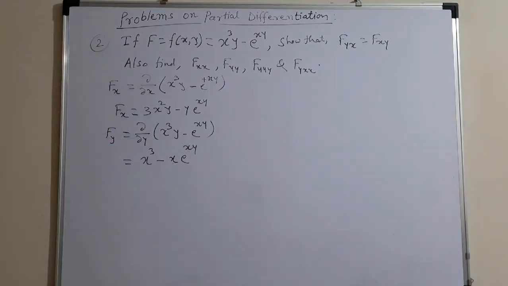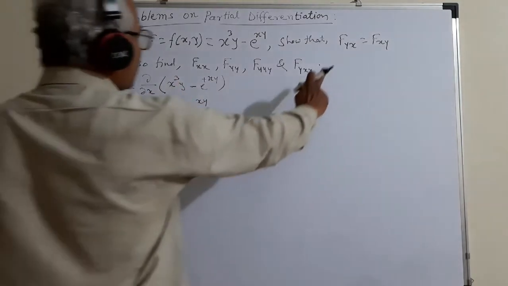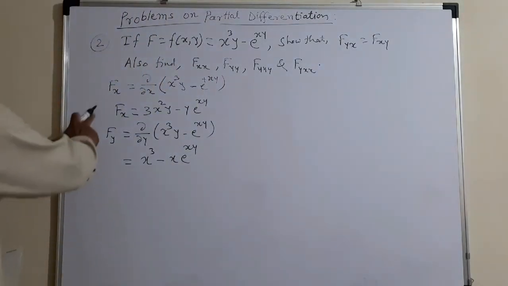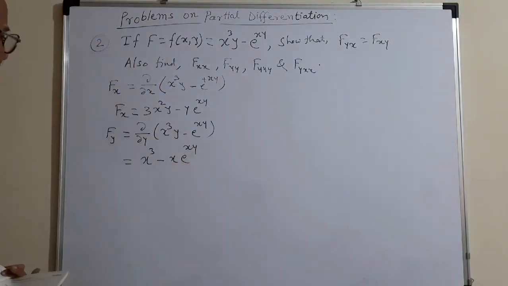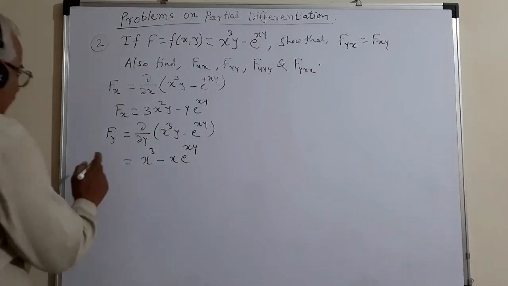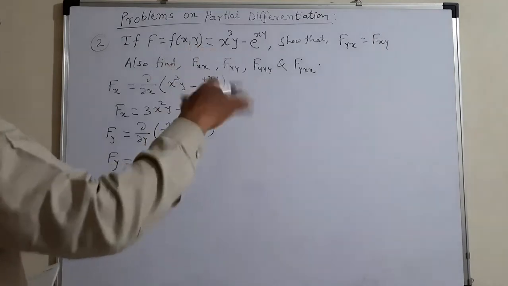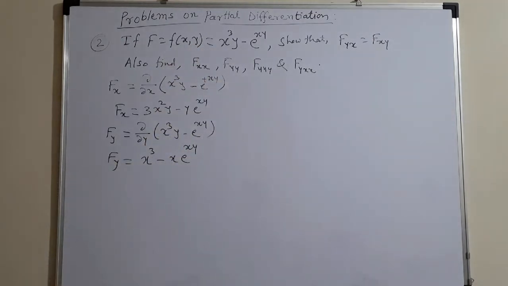So fy works out to be x cube minus x e raised to xy. Now we want to first show that fyx is equal to fxy. So differentiate fx partially with respect to y and then differentiate fy partially with respect to x. We get fxy and fyx.